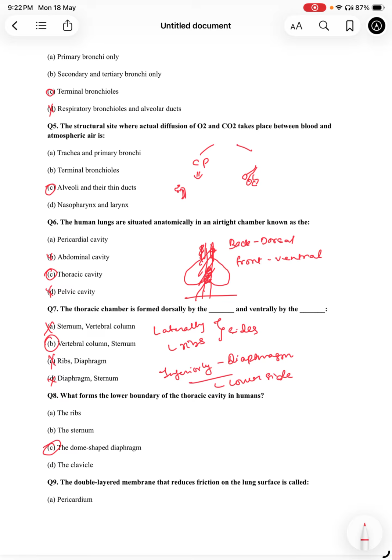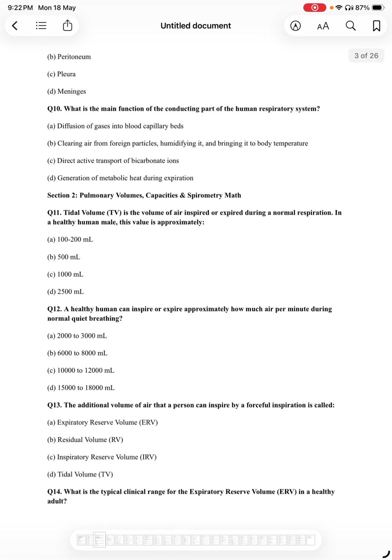Now, the next question. The double-layered membrane that reduces the friction on the lung surface is known as option A, pericardium, option B, peritoneum, option C, pleura, option D, meninges. The lung is covered by this double-layered membrane called pleura.